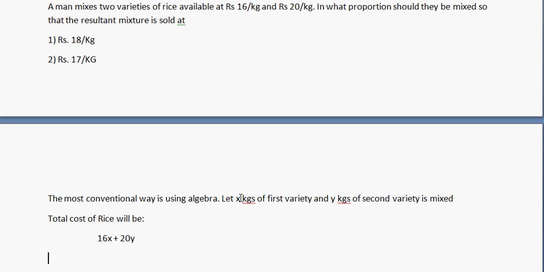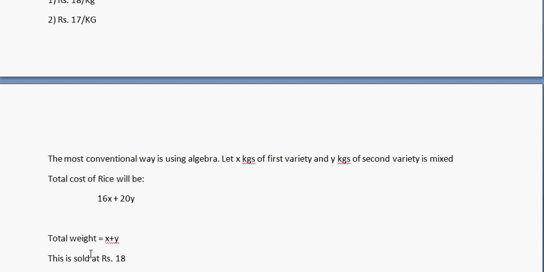Let's say he mixes x kgs of first variety and y kgs of second variety in the mixture, which means he spent 16x for the first variety and 20y for the second variety. Now what is the total he has? He has x plus y, and he is selling it at 18.